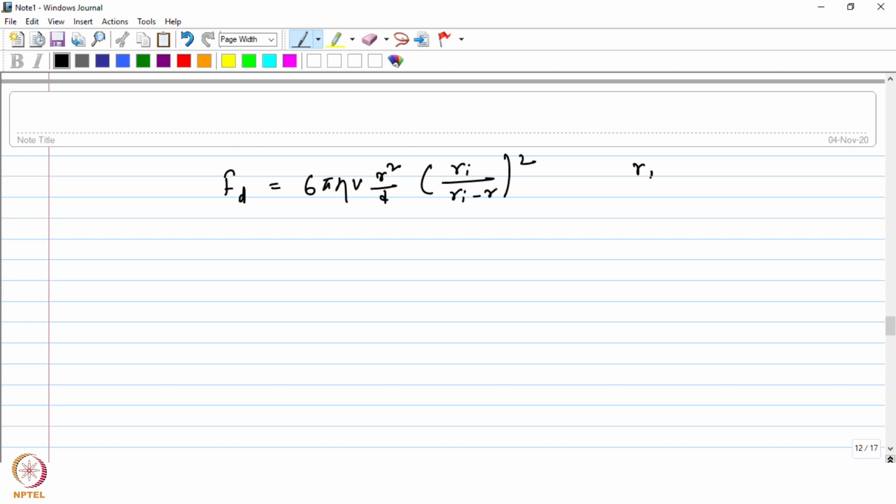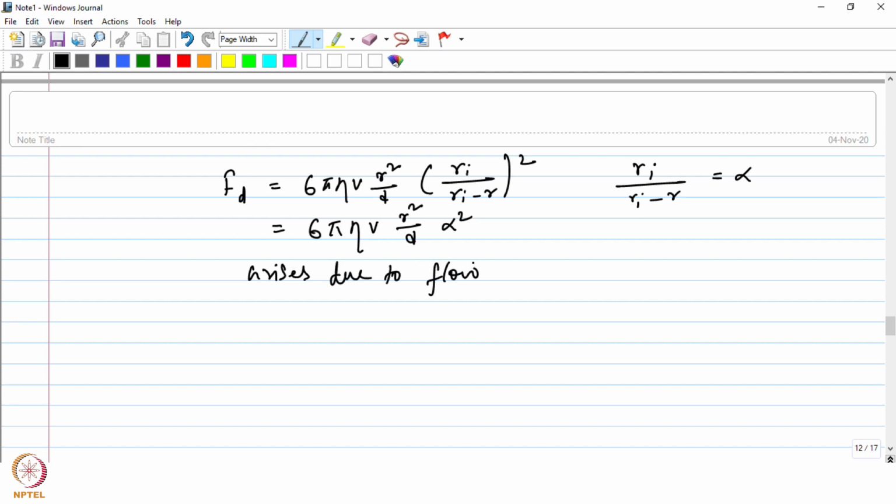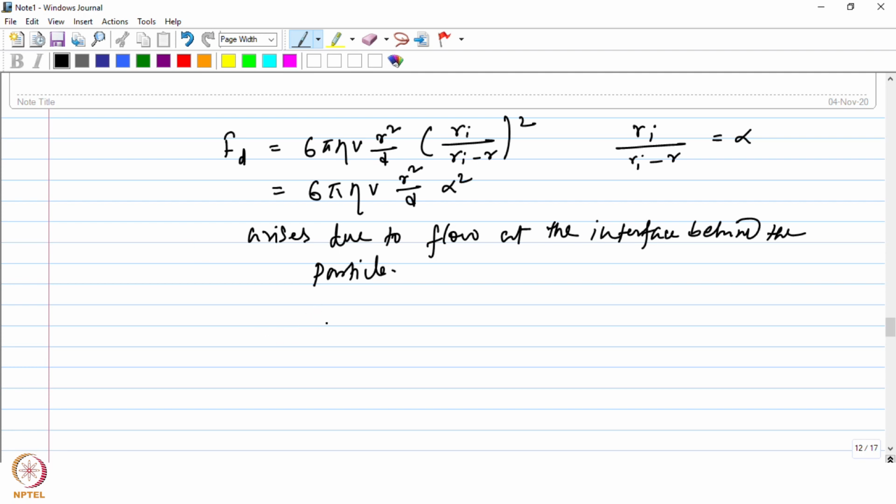And we have seen before that this one is equal to alpha, and therefore Fd for a non-planar interface is given as this, which primarily arises due to the flow at the interface behind the particle. Fd is always conducive for engulfing.